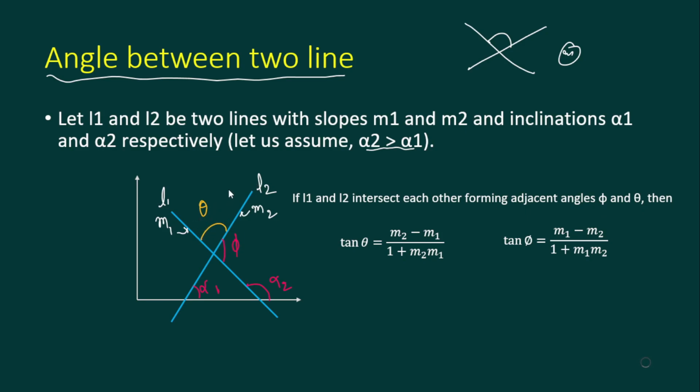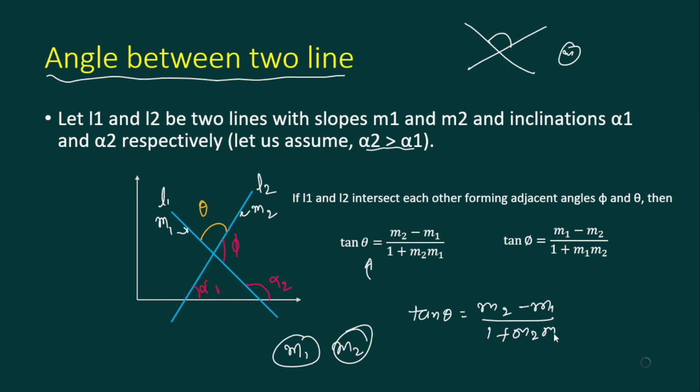So for finding the angle theta, if we are given the slopes m1 and m2, we can find theta by using this formula: tan theta is equal to the slope m2 minus slope m1 upon 1 plus m2 times m1.